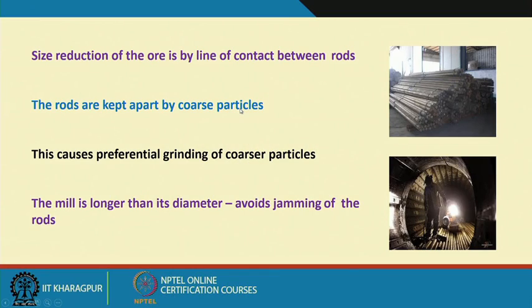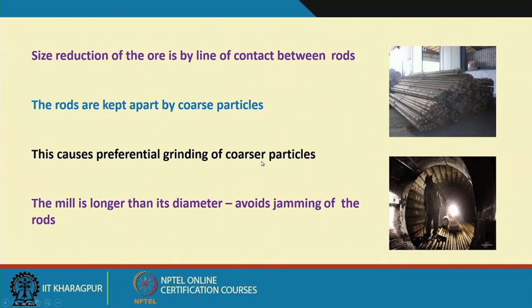The rods are kept apart by coarse particles, because when the mill rotates the coarse particles sit in between and the rods are set apart. This causes preferential grinding of coarser particles.